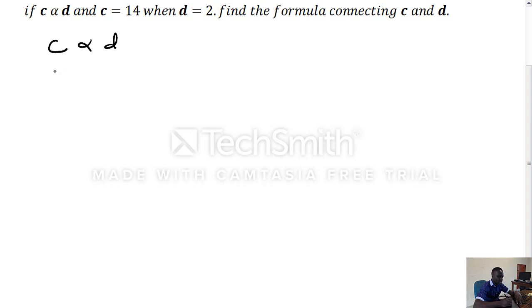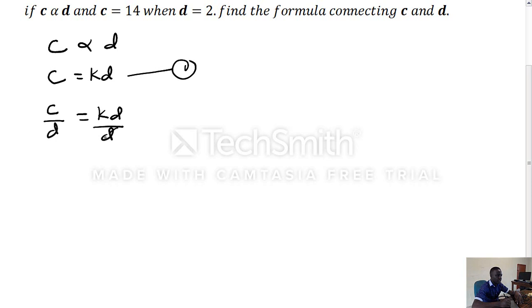Writing this as an equation, we'll have c is equal to kd, and let me call this equation 1. Let's get the value of k by making k the subject of the formula. So I'm going to divide both sides by d. This is equal to kd over d, where d will cancel d, and my k is equal to c over d.